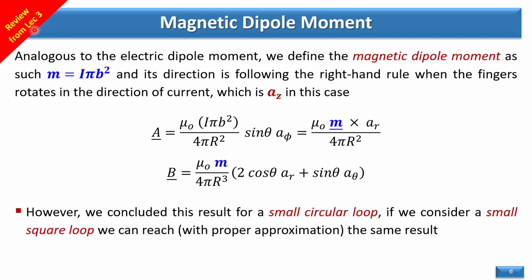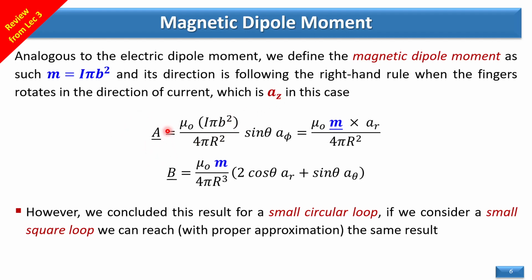And just a revision from last lecture, the moment equals the current multiplied by the loop area for any small loop. We proved this for a circular loop, and we said it's applicable for other kinds of loops as well. The direction of this moment is perpendicular to the loop, following the thumb of the right hand when the fingers rotate with the current.